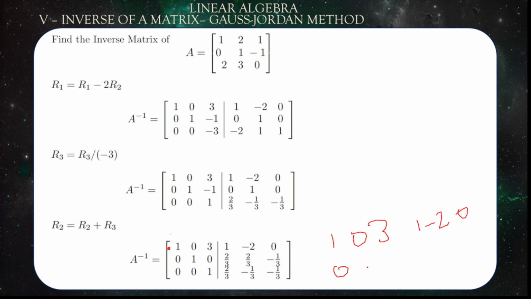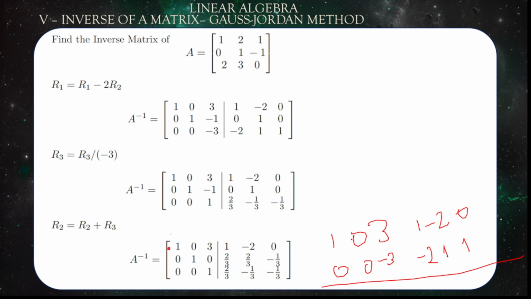So this gives us 0, 0, minus 3. We're multiplying by 3 and minus 3 actually. Then 2/3 times minus 3, it is minus 2. Minus 3 times minus 1/3 is plus 1. Then minus 3 times minus 1/3 is plus 1 also.